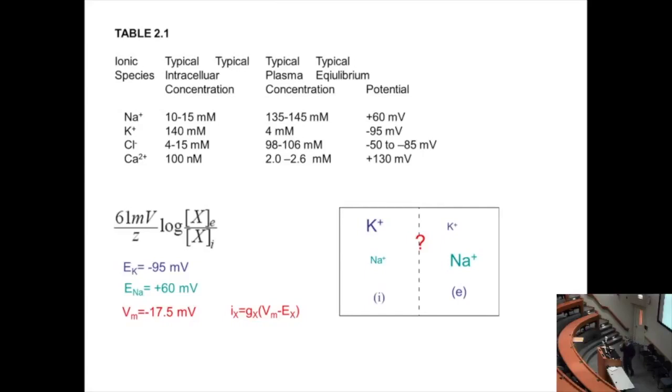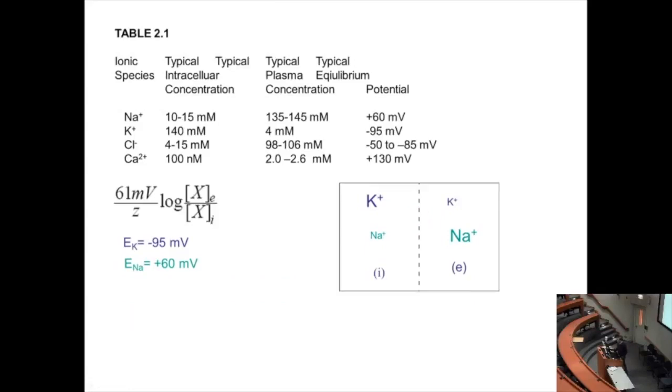If I was taking positive charge out faster than positive charge was coming in, then I'd be making the outside positive and my membrane voltage would be going down. At rest, it's not changing, so the currents all have to add up to 0. In this case, they're equal and opposite. That happens if you plug in the numbers and calculate the currents with Ohm's law, at minus 17.5 in this case, as I defined it.